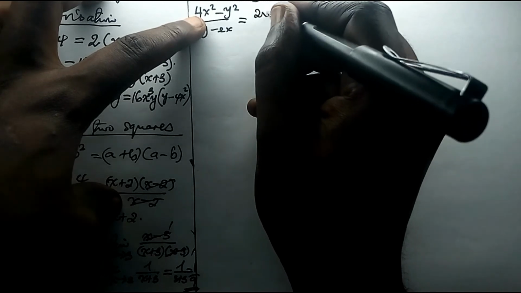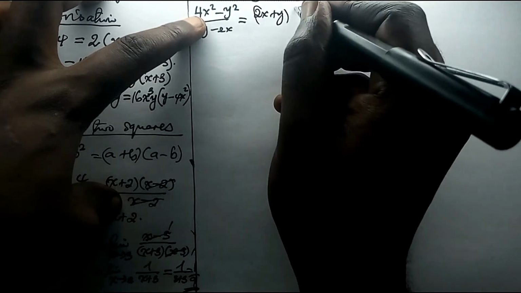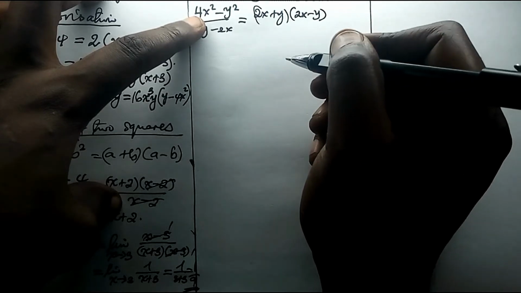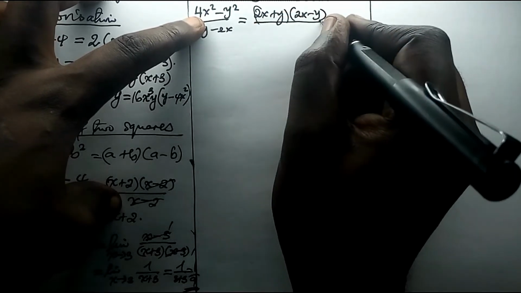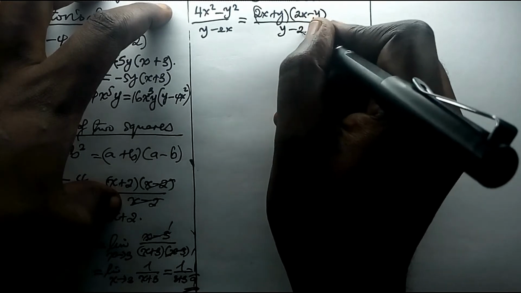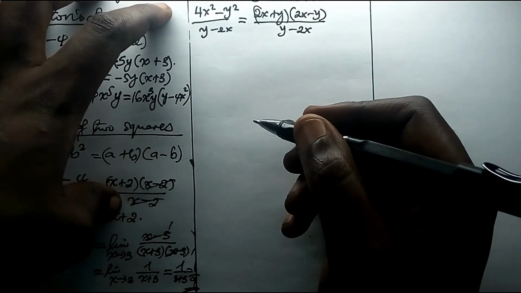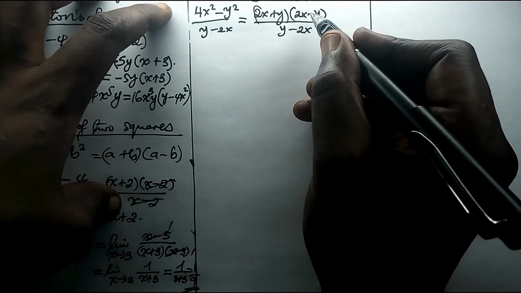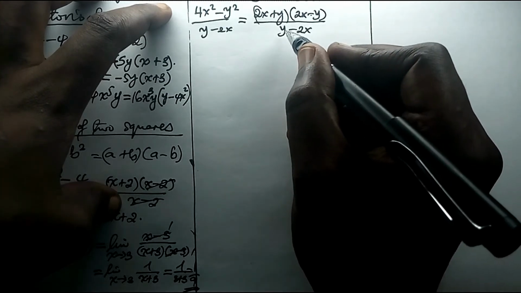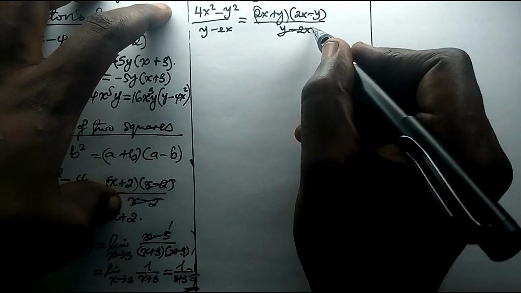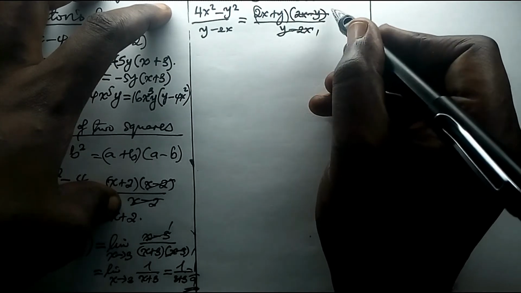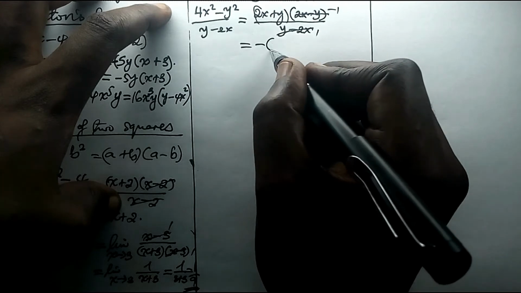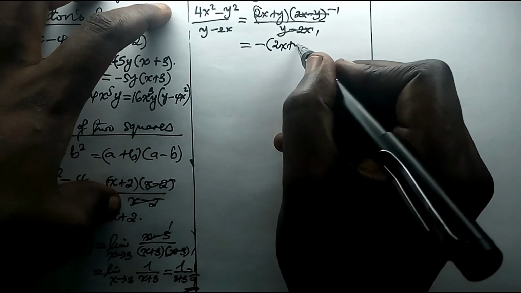So I have 2x plus y into 2x minus y all over y minus 2x. 2x minus y is the negative of y minus 2x. So if I cancel here, I have 1. Cancel there, I have negative 1. So the final answer will be negative into 2x plus y.